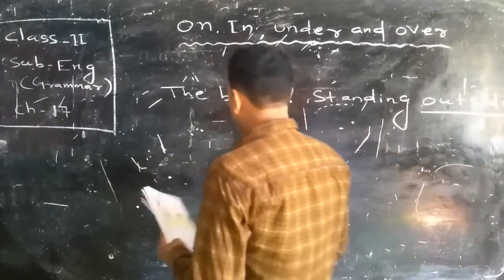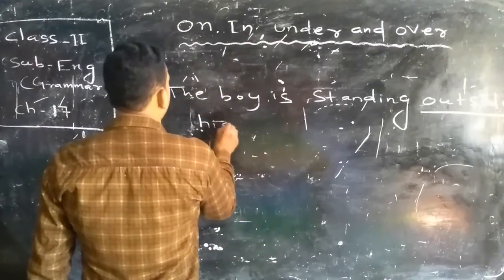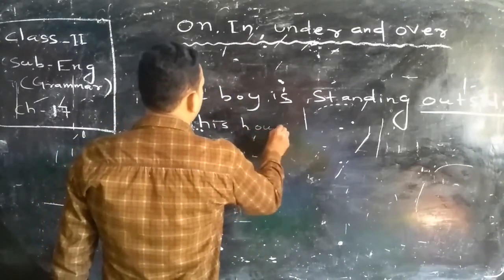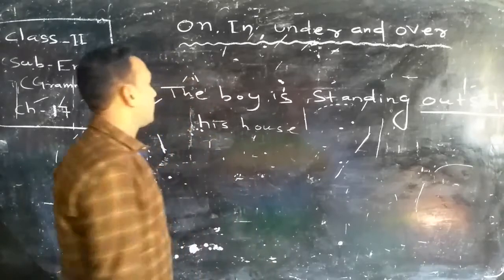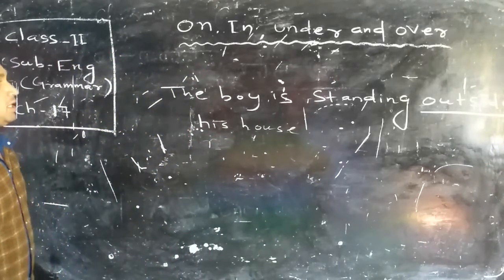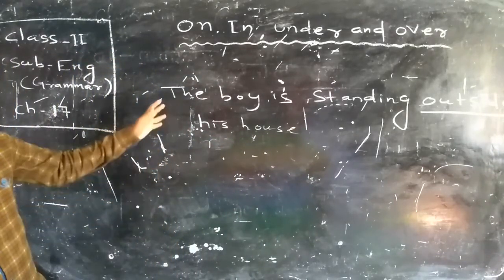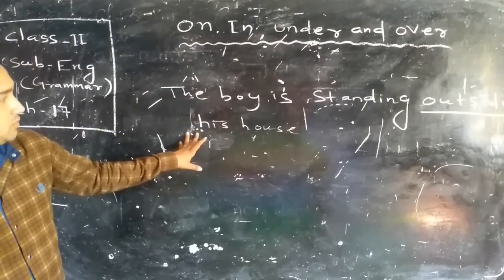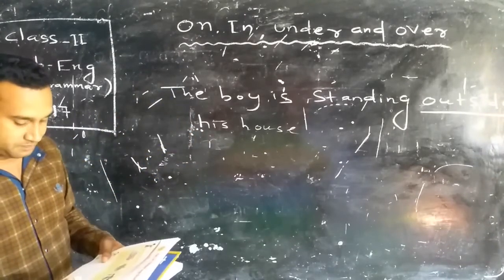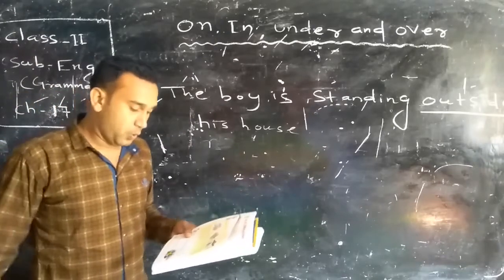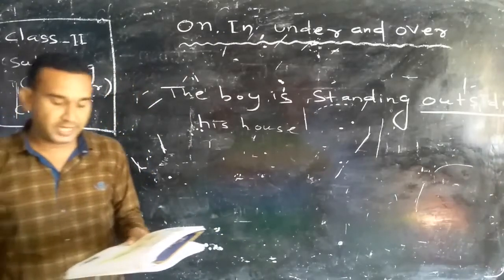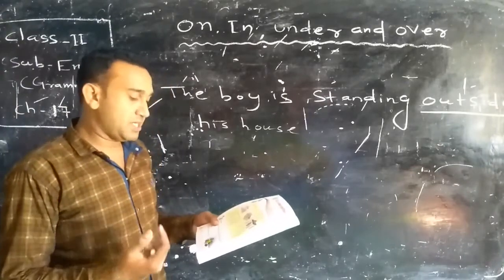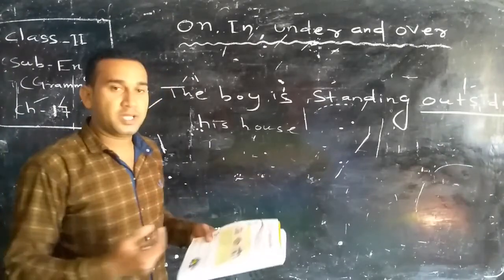Outside his house. The Hindi meaning is the boy is standing outside his house. यानी कि एक जो बच्चा है वो उसके घर के बाहर खड़ा हुआ है. ठीक है, उसके घर के बाहर खड़ा हुआ है. Just see the car there in the house and the boy standing outside his house.